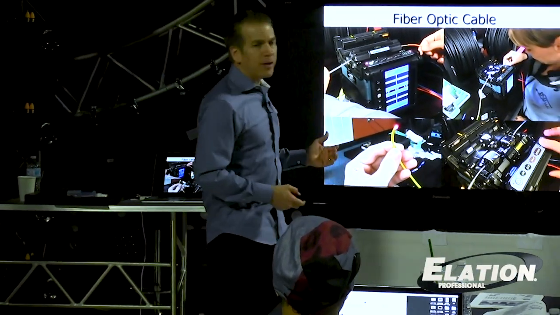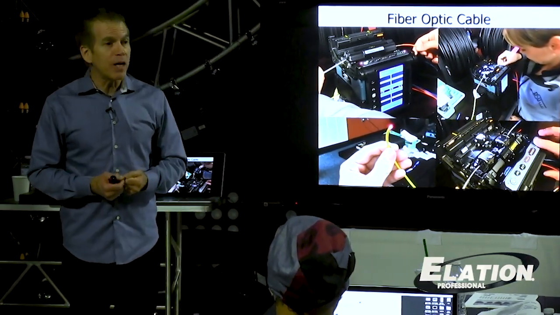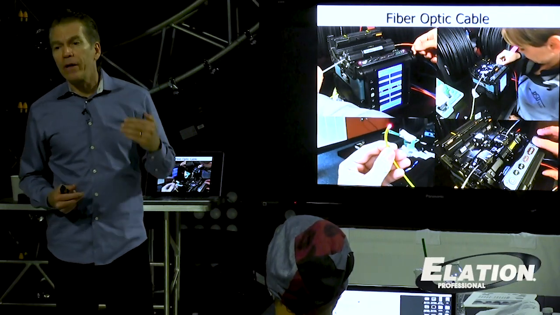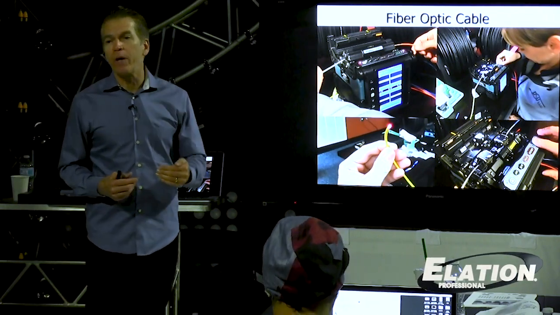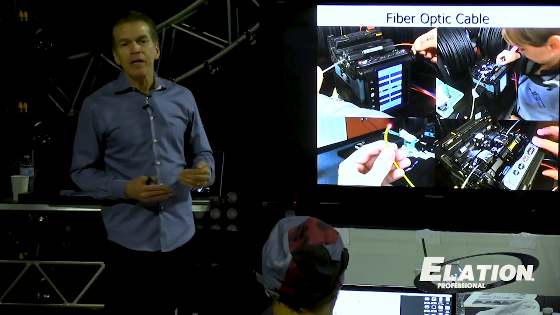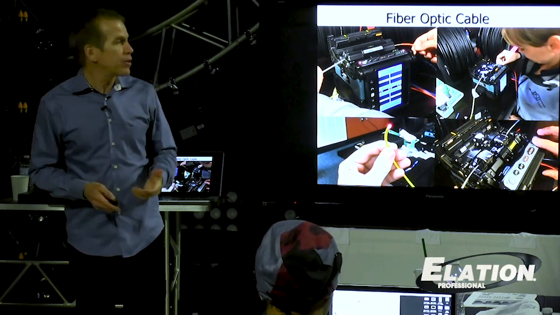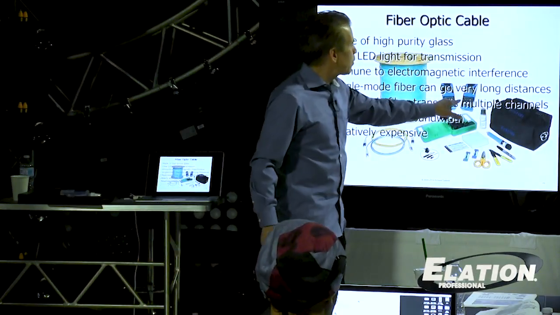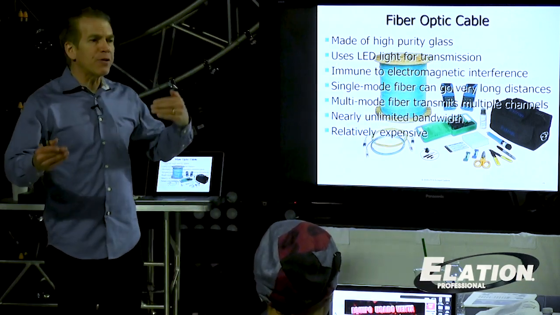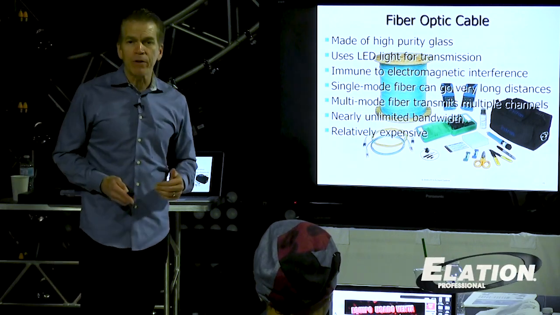Part of that is, after you terminate it, you have to test it to make sure you have a good termination, because if you have a weak termination point, the signal is going to be attenuated. So they'll teach you how to terminate it, how to test it, and how to measure the attenuation in decibels. There are certain machines like these that will generate a signal and receive a signal, and it'll tell you how much the signal strength has dropped, and that's how you'll know whether or not you have a good connection.